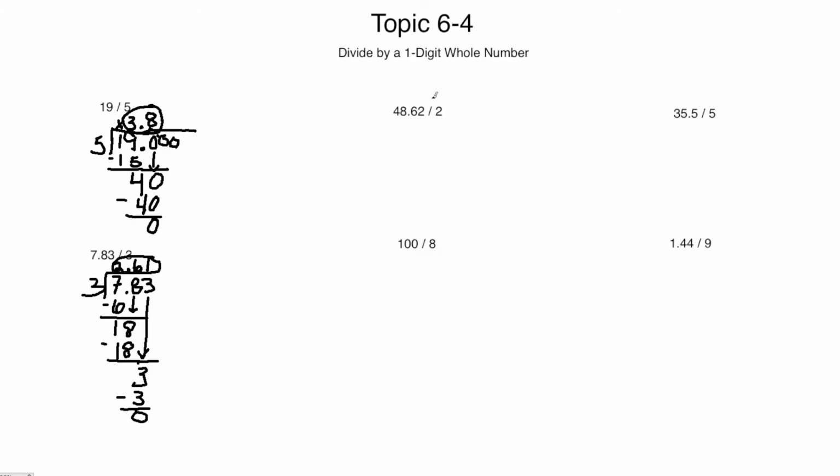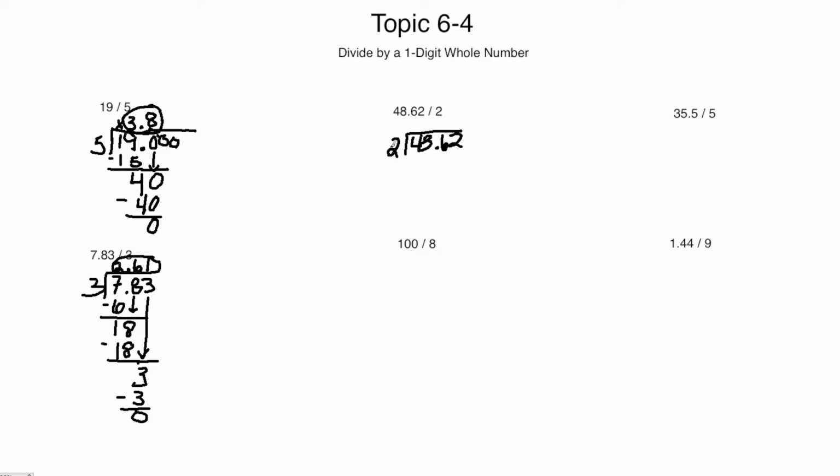Okay, go ahead and do this problem. Pause it and see if you come up with the same quotient as I do. So we have 48 and 62/100 as our dividend, divided by the divisor 2.